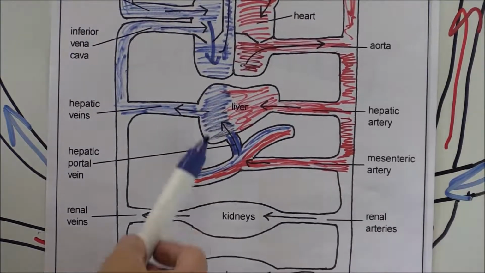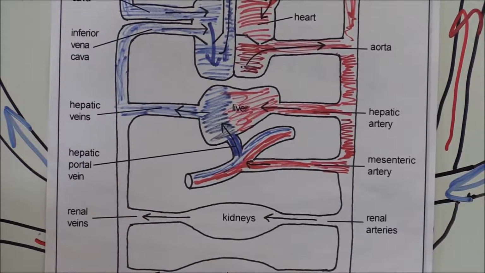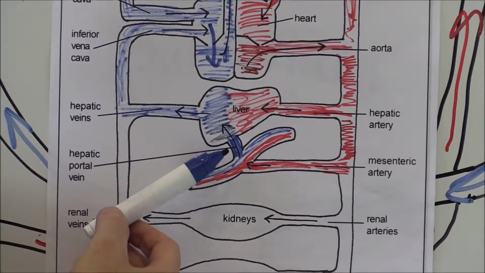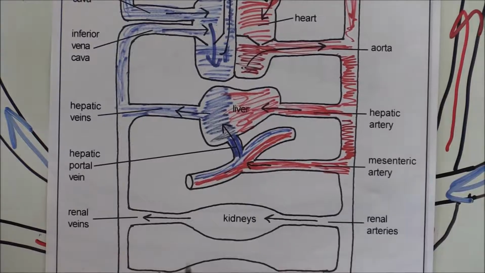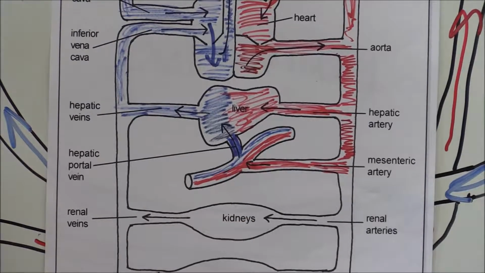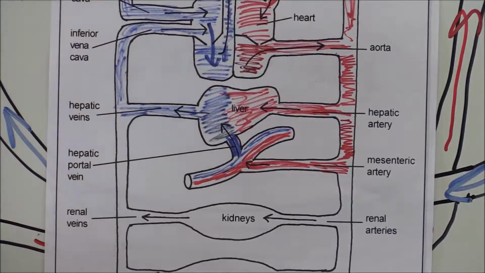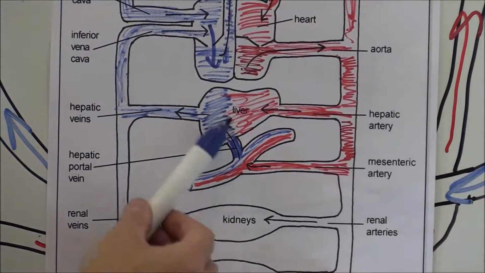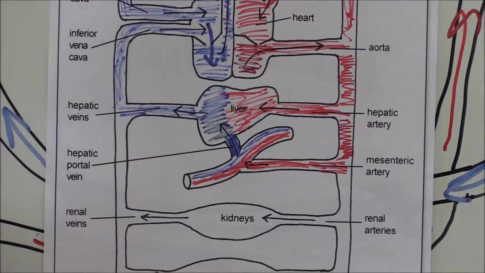We want it to go to the liver first where it can be processed. So this hepatic portal vein is unusual in that it begins and ends with capillaries, ending with capillaries in the liver. So the hepatic portal vein is taking blood from the gut directly back to the liver for processing.